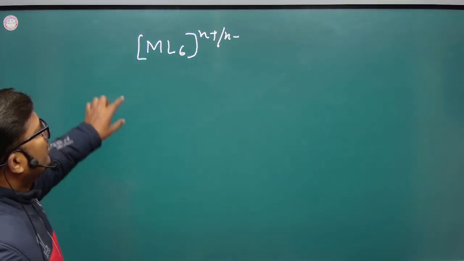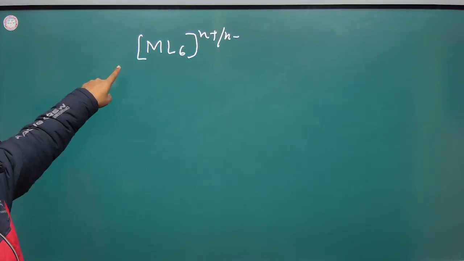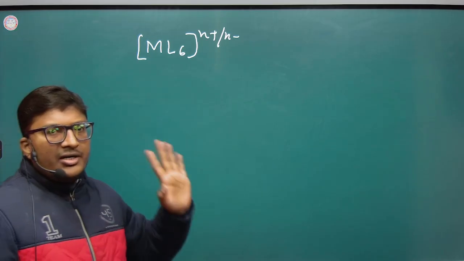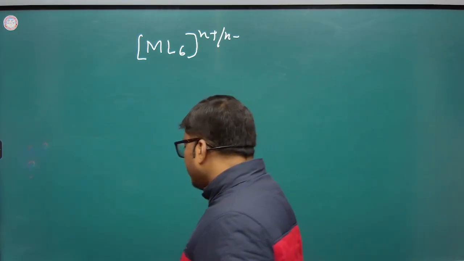So this is the general formula of a complex compound, ML6, and the overall charge may be n plus or n minus, depending on the presence of counter ions.